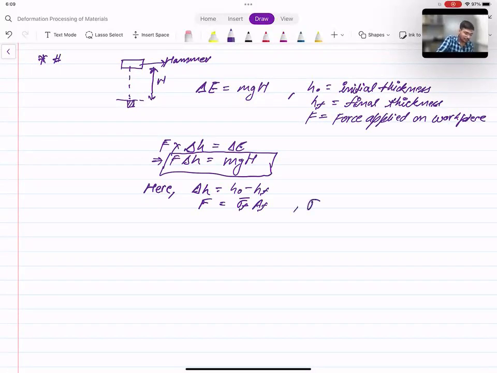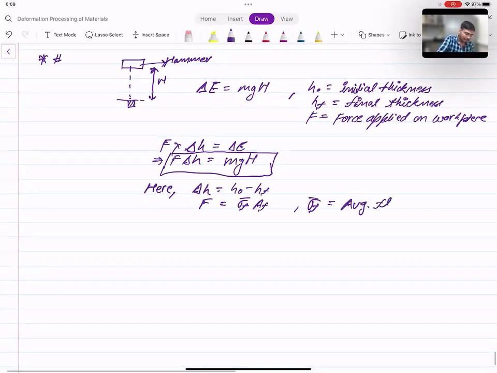Again, this sigma F bar, we know, is given by K epsilon to power n over n plus 1, which is nothing but the average flow stress, and this AF is nothing but the final area. And again, remember the volume consistency equation is applicable here also. So d naught square h naught will be equal to df square hf.